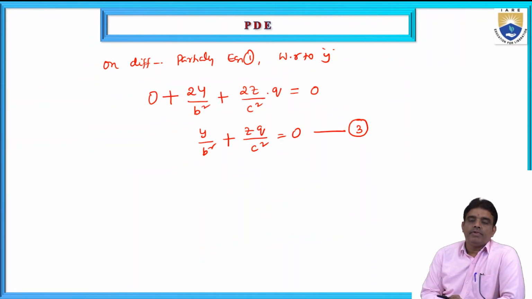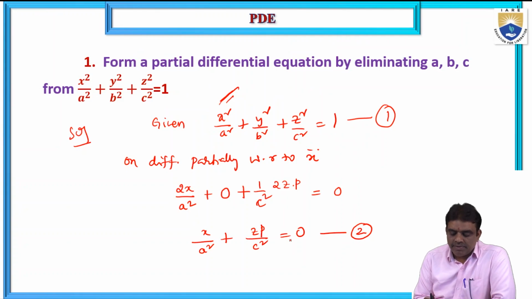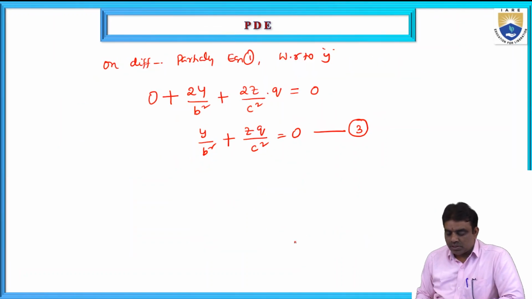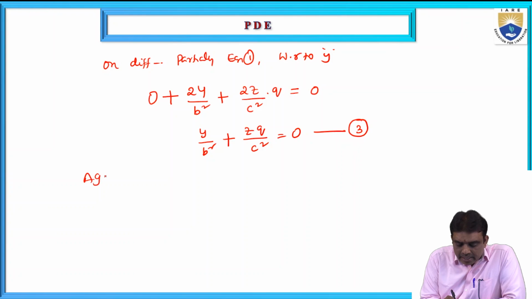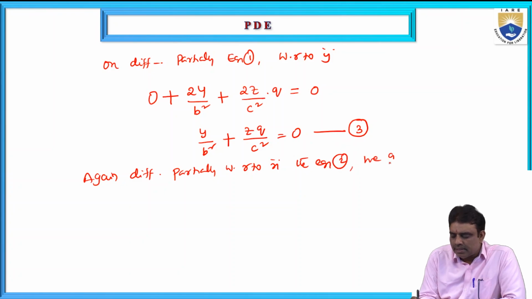So clearly here we cannot eliminate a, b, c from equations 1, 2, 3. That means we need one more equation. It can be obtained by differentiating equation 2 partially with respect to x again.